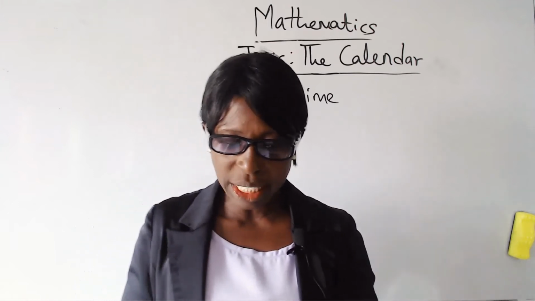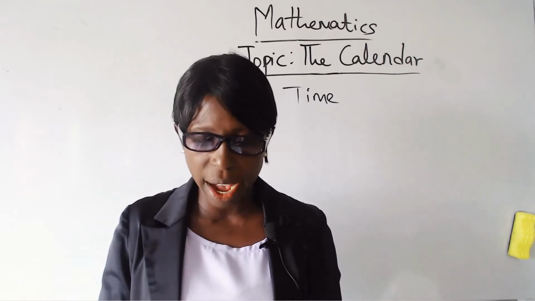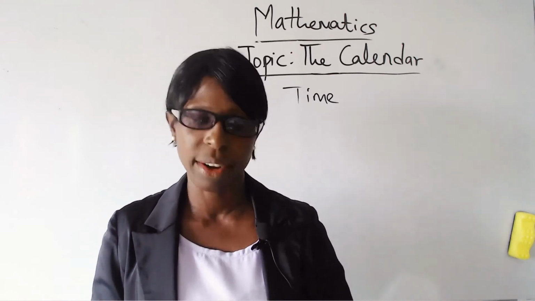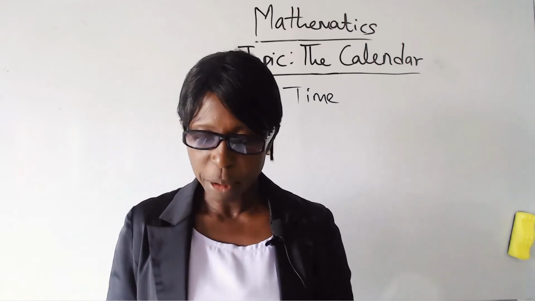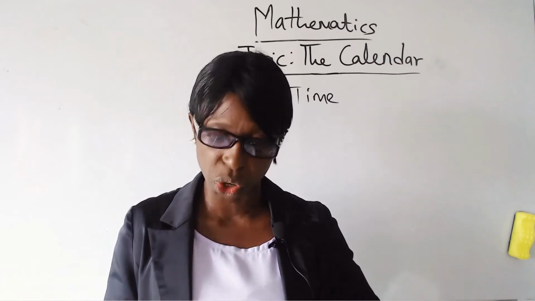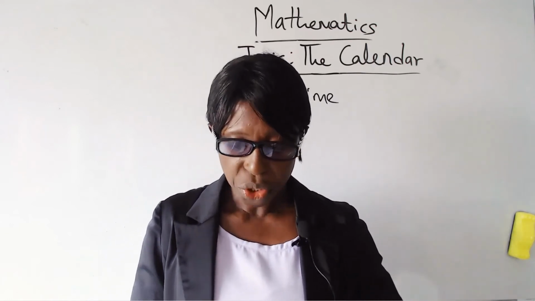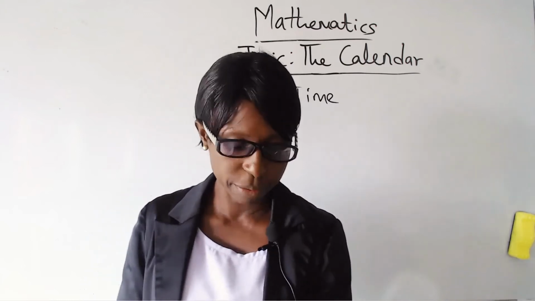We tell the time at minutes to the hour, quarter past the hour, and quarter to the hour. If you have forgotten what we did before on time, just go back and watch the video again, or you read your mathematics textbook on the topic time.